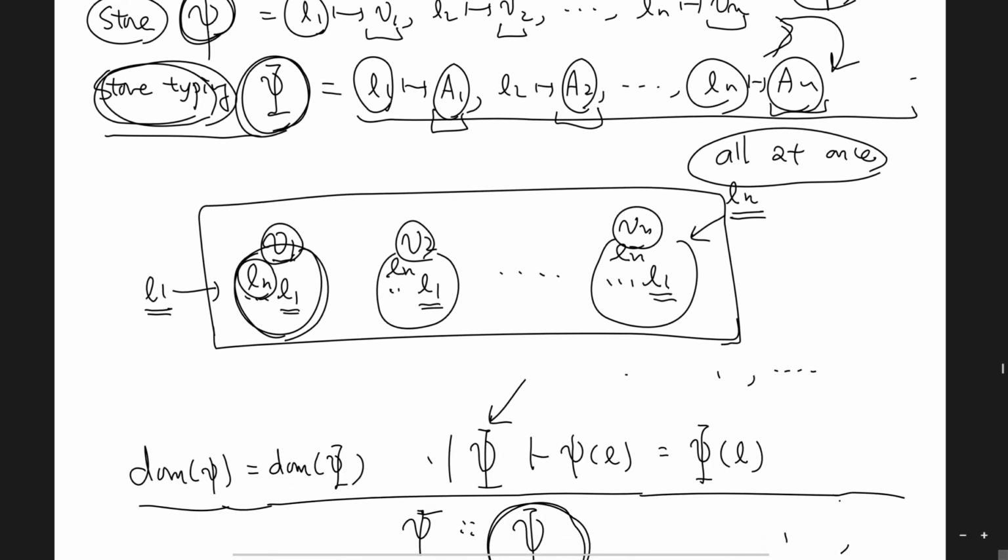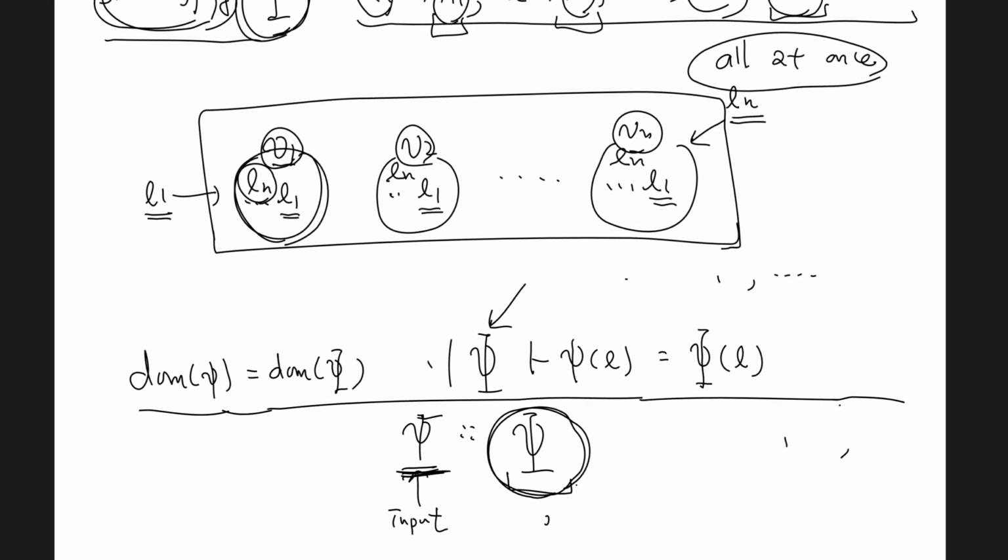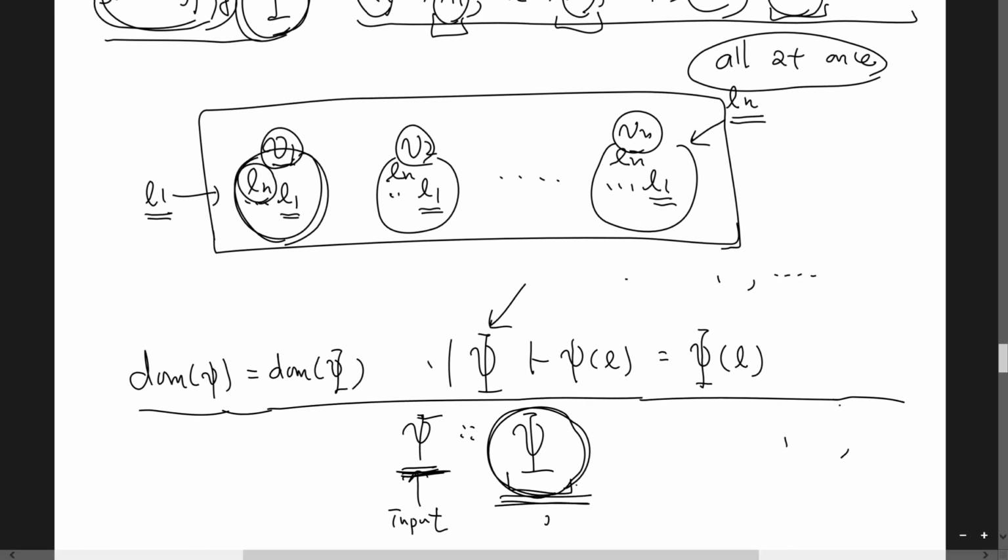So it turns out that in the course of calculating the store typing capital psi, you have to rely on some sort of recursive reasoning. You pretend that you have figured out the store typing, and then you make sure that under the store typing capital psi, everything works okay.